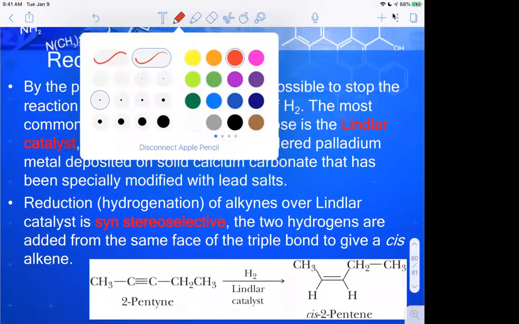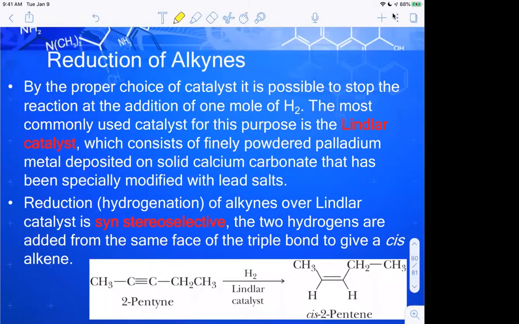Now, I can choose a different catalyst and stop the reaction at addition of 1 mole, right? If I choose a proper catalyst, I can stop the addition at 1 mole of hydrogen, and this is going to make an alkene.